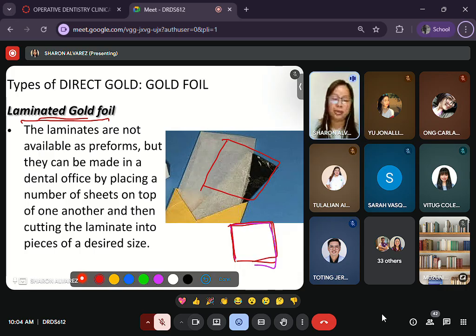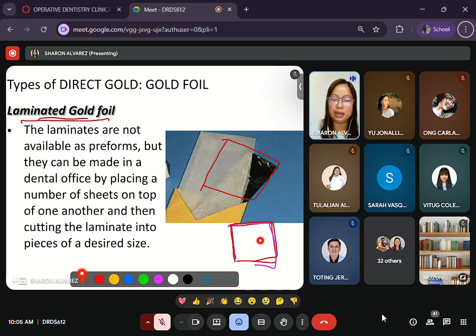Let's say, for example, three or more sheets of gold. The dentist will hammer them together, being malleable. The sheets of gold on top of one another, the dentist would start to hammer them until they become combined. The different sheets will become combined together.